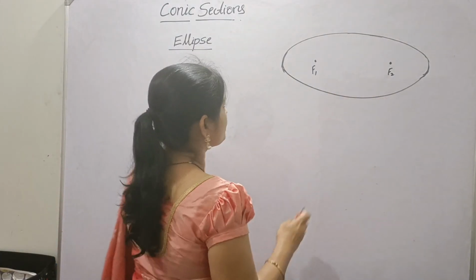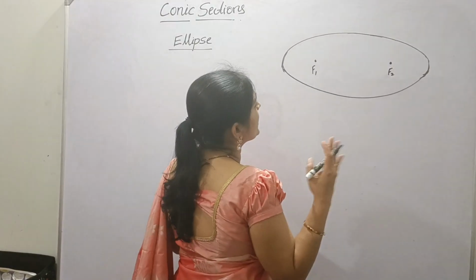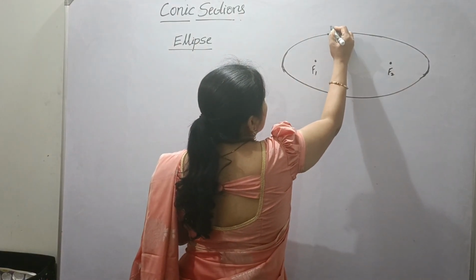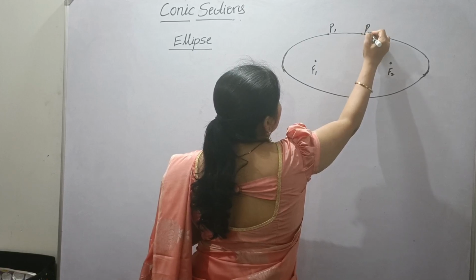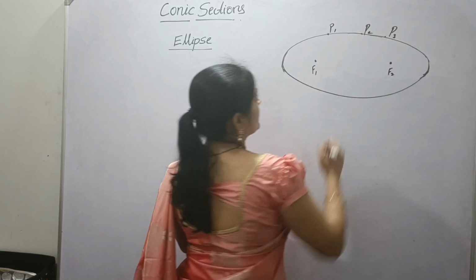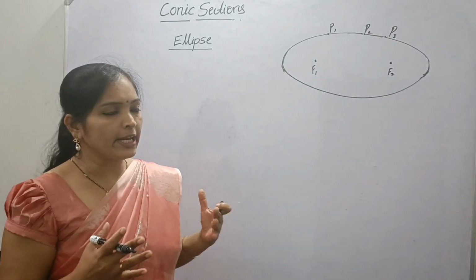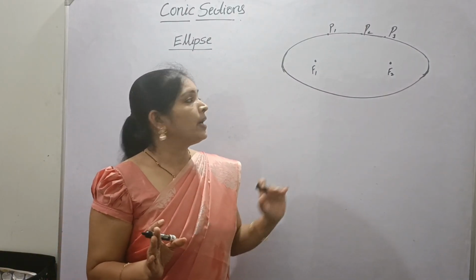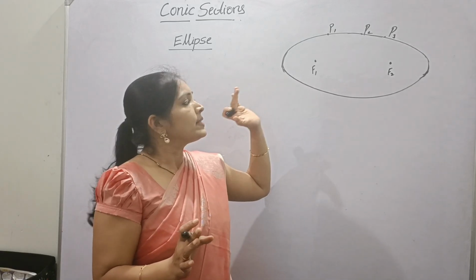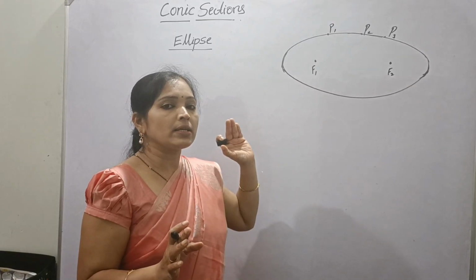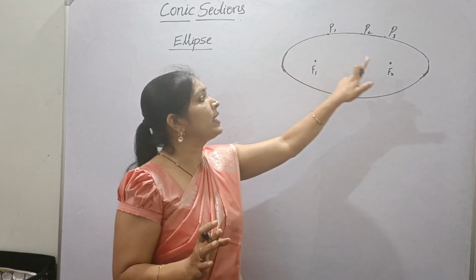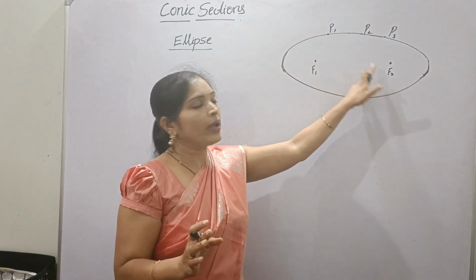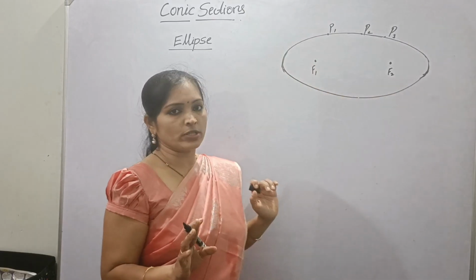Let us take any 3 points on the ellipse, P1, P2 and P3. So here, what is the ellipse? Ellipse is the set of all points in the plane, the sum of whose distances from the two fixed points is a constant.